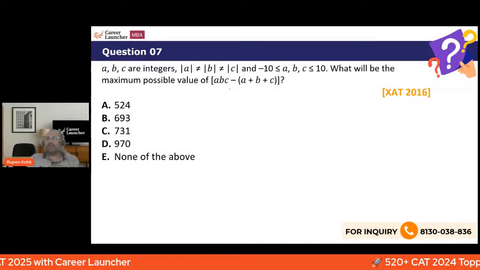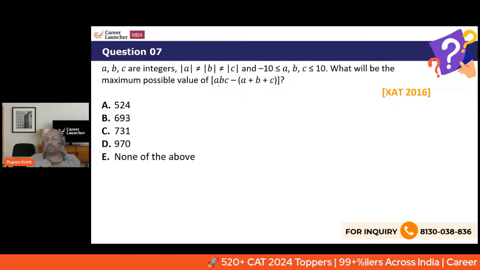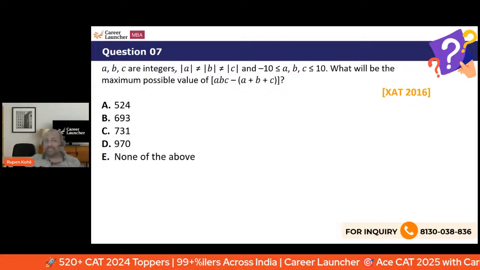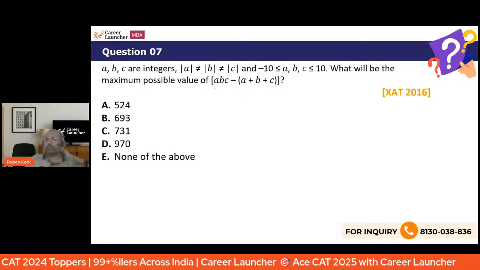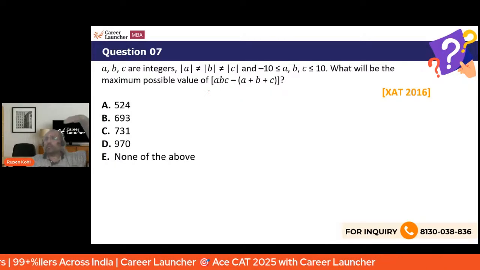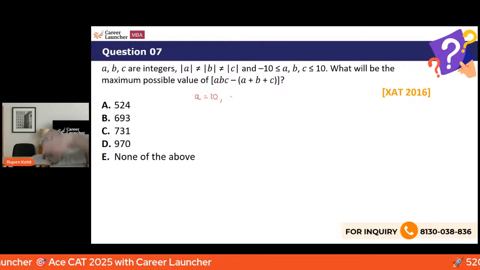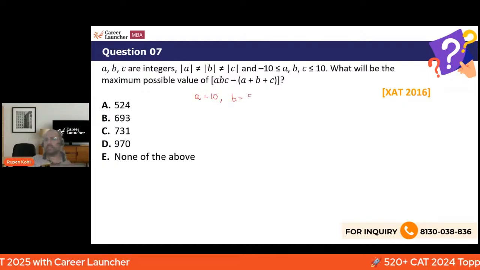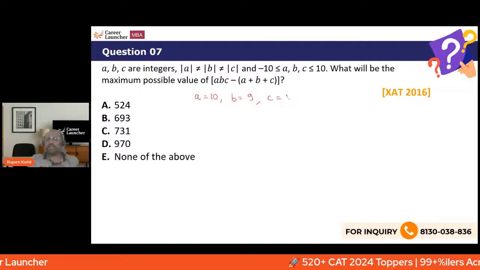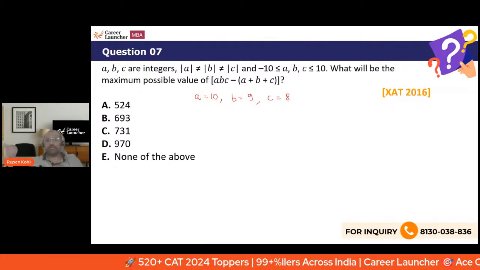Okay, how do we think on this? We have a product. Obviously, we will want to keep the numbers as high as possible, and they need to be distinct. So one line of thought could be, okay, you can go up to 10 and you have to keep them distinct. Let's keep A as 10, then B as the next integer, which is 9, and C as 8. They could take these three values in any order because the expression is symmetric.